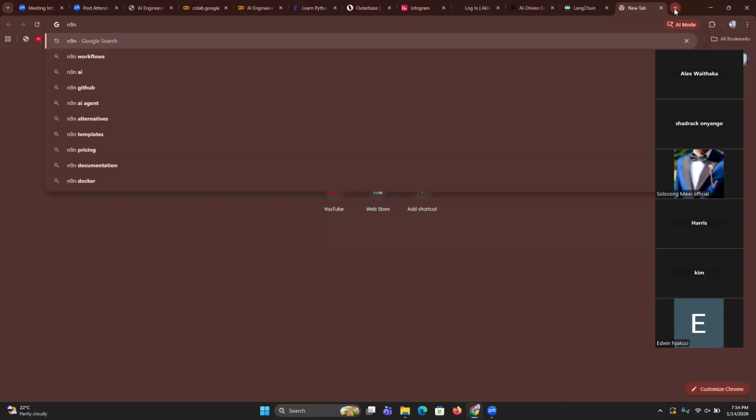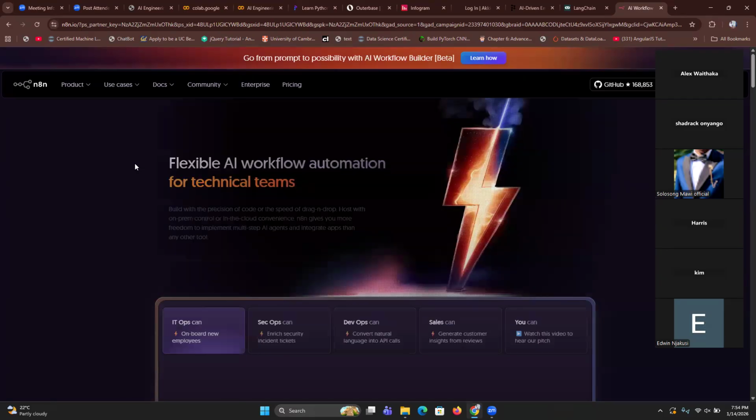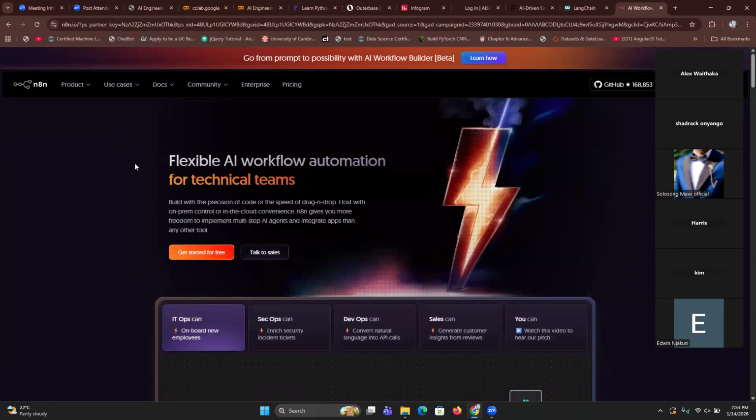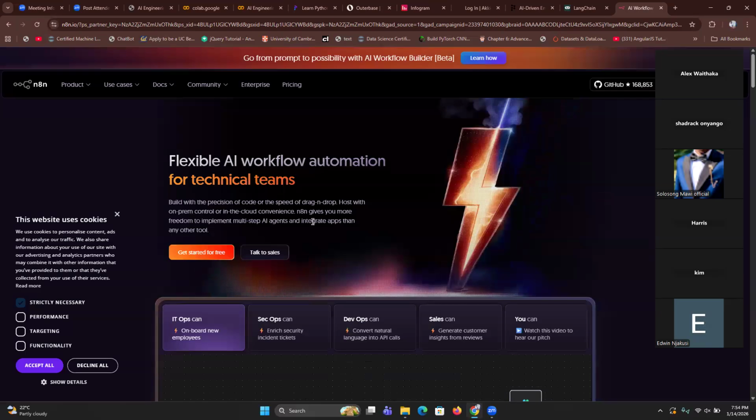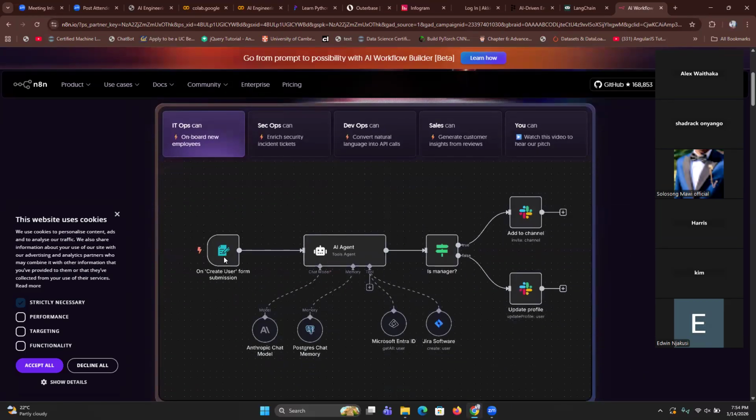I don't know why it has a very unique name. This framework is actually an AI workflow automation. They are trying to automate how AI products are developed. Let me show, this is basically a graphical user interface representation of LangChain.